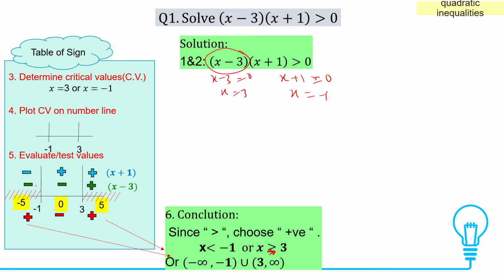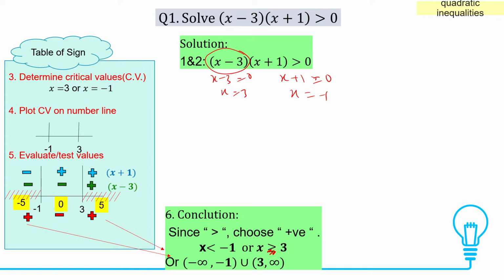So after that, how to get this value over here? You need to choose 3 different values. You just choose any value greater than 3. So I choose 5. Why? No reason, just because 5 or 10 is easier to calculate maybe. Actually you can use 3.5, or 3.1 if you want, but don't trouble yourself.